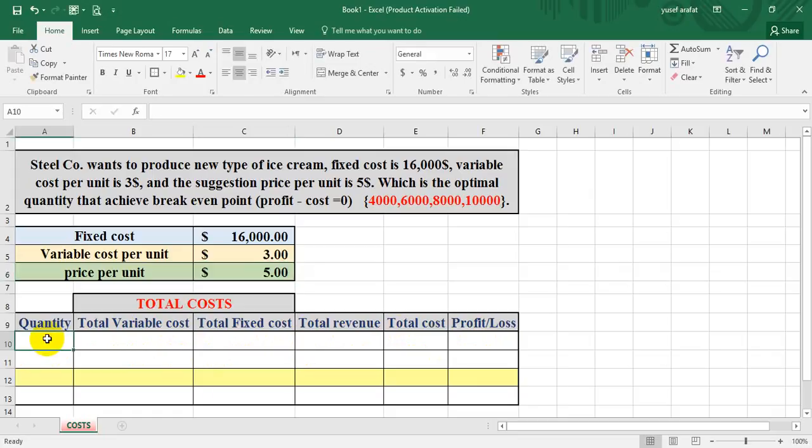The quantity number 1 is 4,000 units, number 2 6,000 units, number 3 8,000 units, number 4 10,000 units.